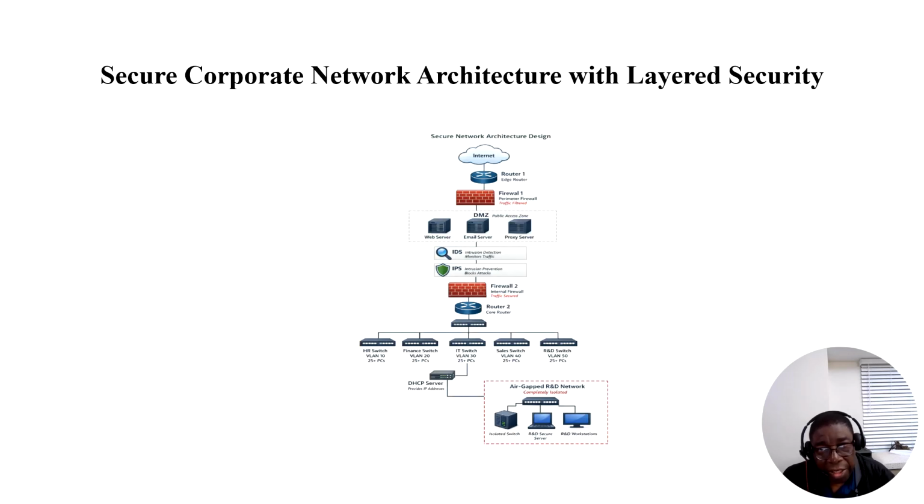This network design follows a layered security approach, also known as defense in depth. Traffic originates from the internet and passes through an edge router and a perimeter firewall, which filters unauthorized traffic before it reaches internal systems.